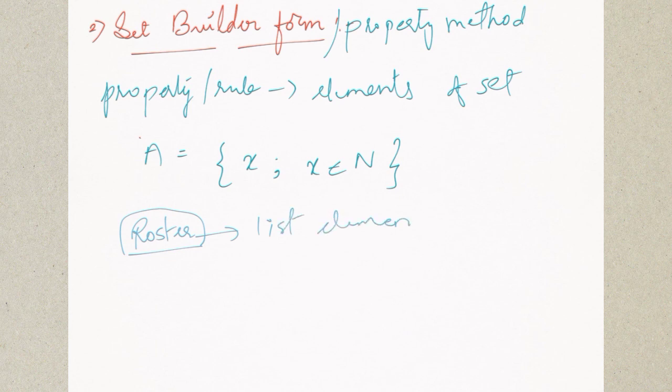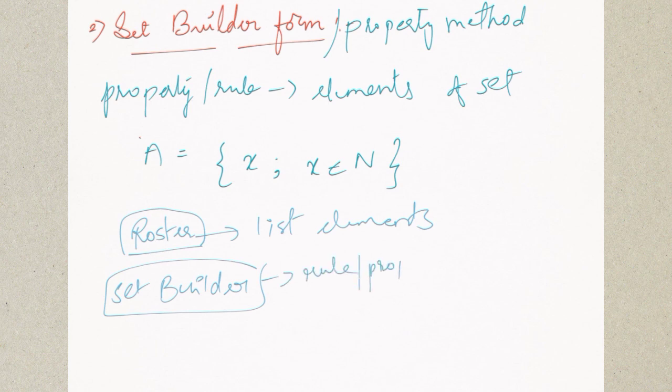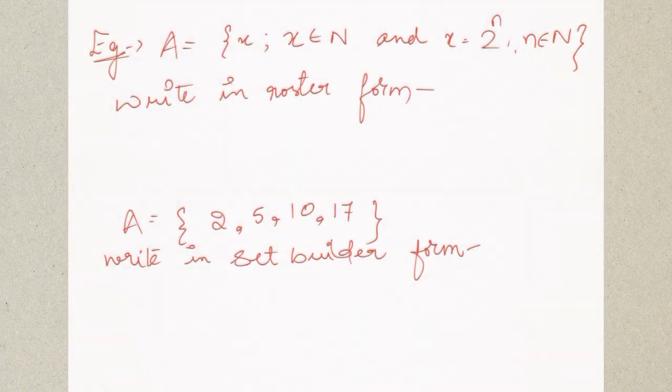Whereas in set builder form, what you will do is you will give a rule or a particular property for that particular set. Understood? That's it. Okay, now we will see how to write a roster form set in set builder form and a set builder form set in roster form. Okay, we'll see how to do that.